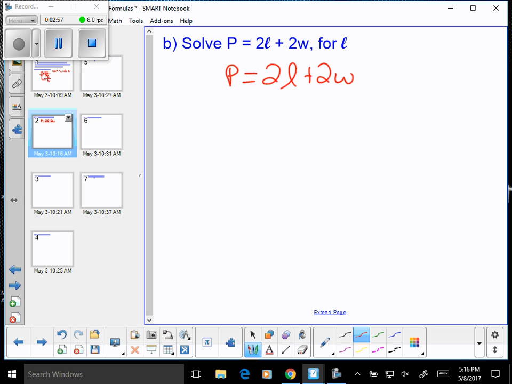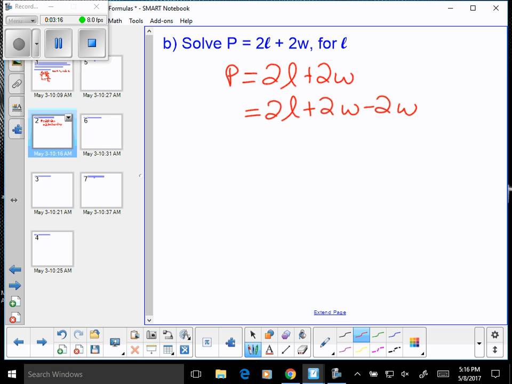I have to undo that addition right away. The thing is, if I subtract 2w from the right side, I need to subtract 2w from the left side.